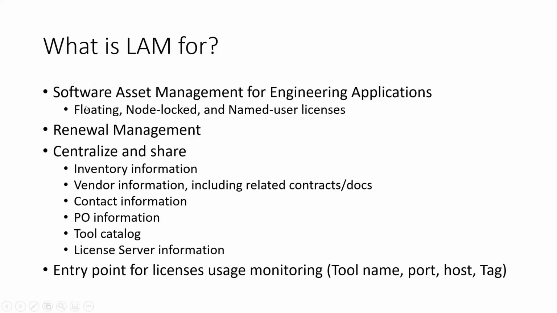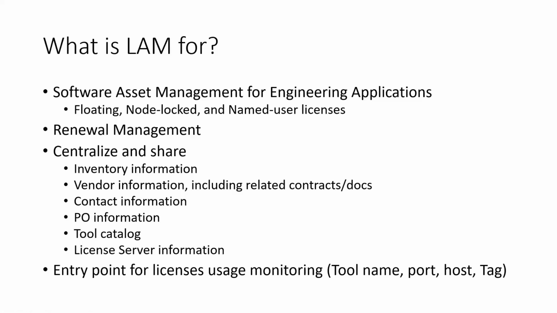LAM is also a place where you can centralize and share information about your license inventory, about your vendor information, all the related information about your vendors, including related contracts and documents, a place where you can centralize and share contact information, PO information, and a tool catalog to keep track of all your different tools and what the tool does, the discipline.